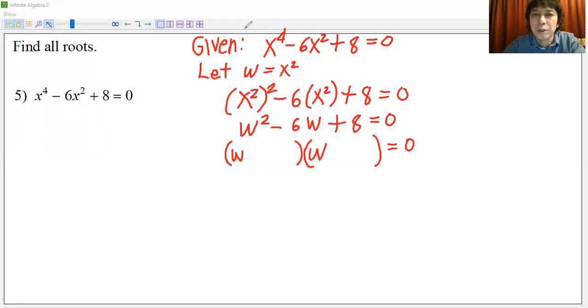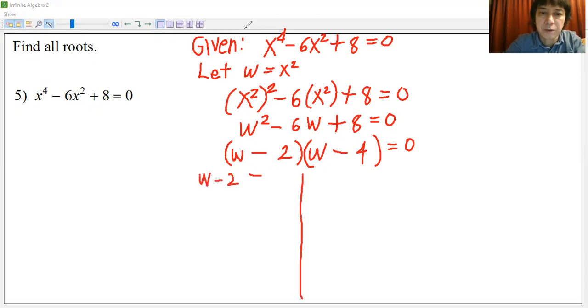We shall use the 4 and 2. And this must be both negative, okay, like that. When you multiply two negative numbers, it gives you the positive 8, okay? But when you add these two numbers, negative 2 and negative 4, it's a negative 6. So these are the right factors. All right, solving for each, equate each factor to 0.